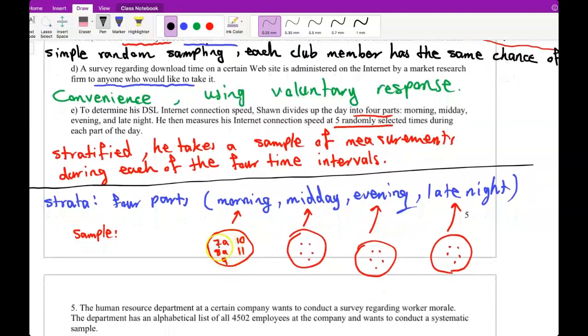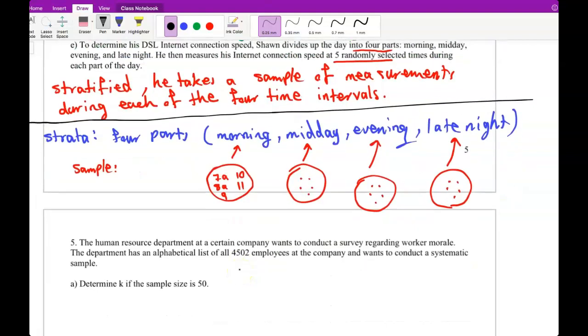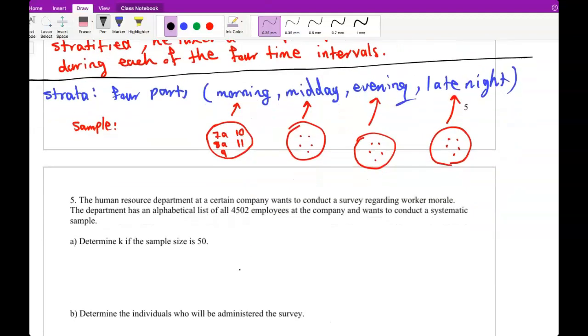It's not that my sample is 7 a.m. He measures his internet connection speed at a specific time, so at 5 randomly selected times during each part of the day. Let's say he decided to measure his internet connection at 7 a.m., then after that at 8 a.m., 9 a.m., 10 a.m., and then finally at 11 a.m. So he measures his internet connection at these times that he randomly selected.